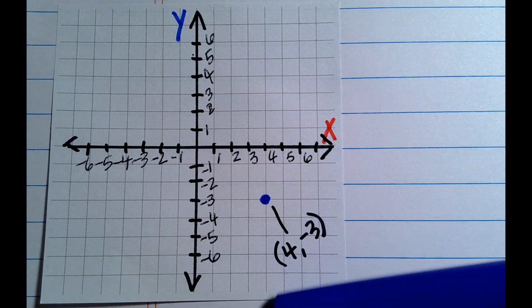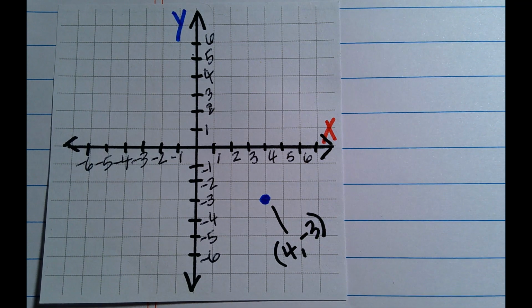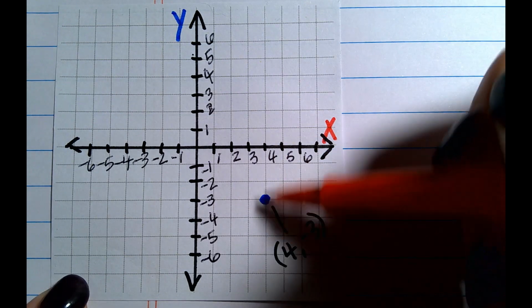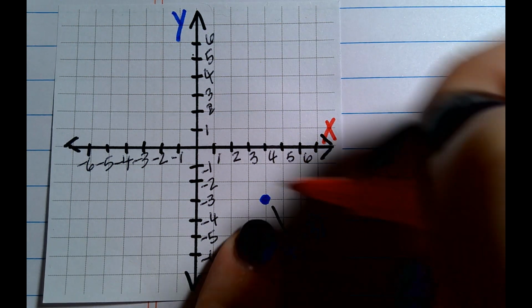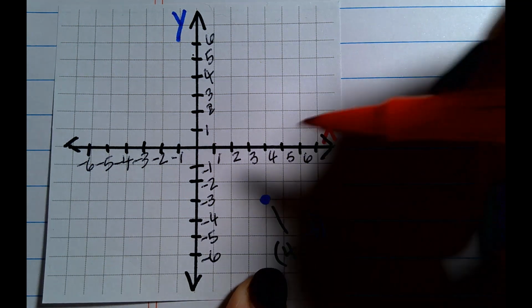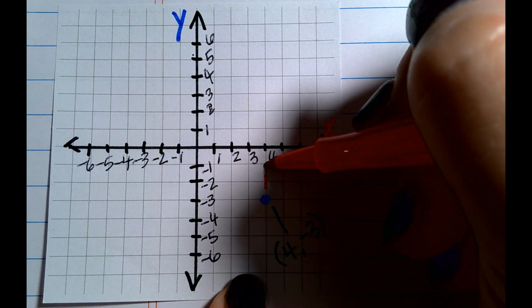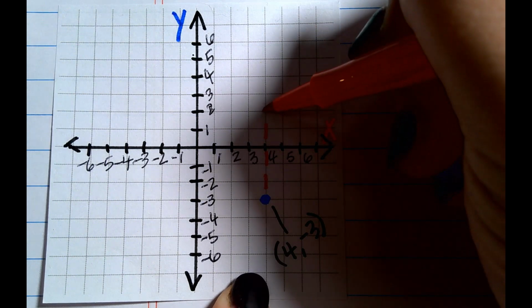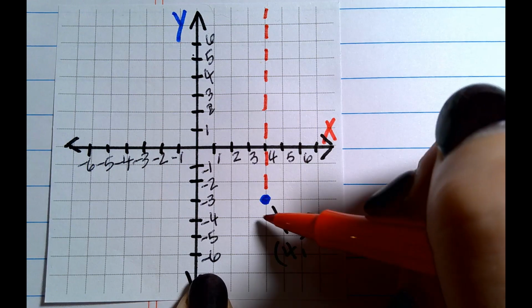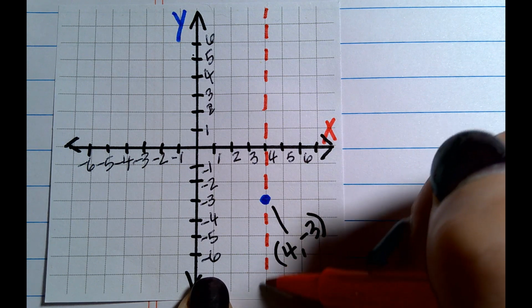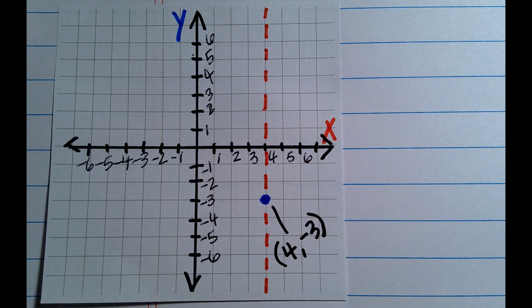And once you've drawn that first point, we're going to make a dotted line going straight up and down through that point. So here's how I'm going to do that. My point is here. I'll start making dotted lines above it and below it. Just like that.